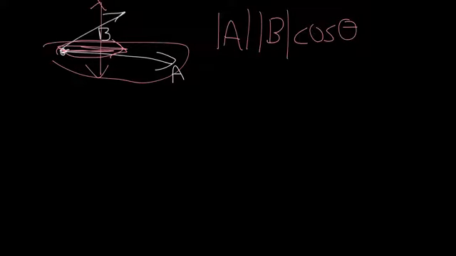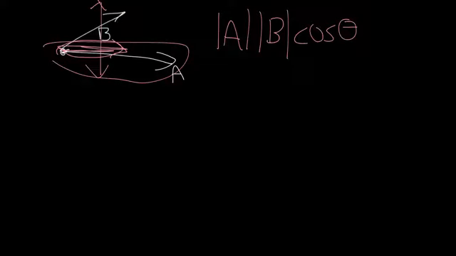Okay, and if you do this, you're basically finding the projection of B on A and multiplying them together. Okay, and so this is useful for whenever you want to multiply the parallel components of two vectors. Okay, and we call this the dot product.